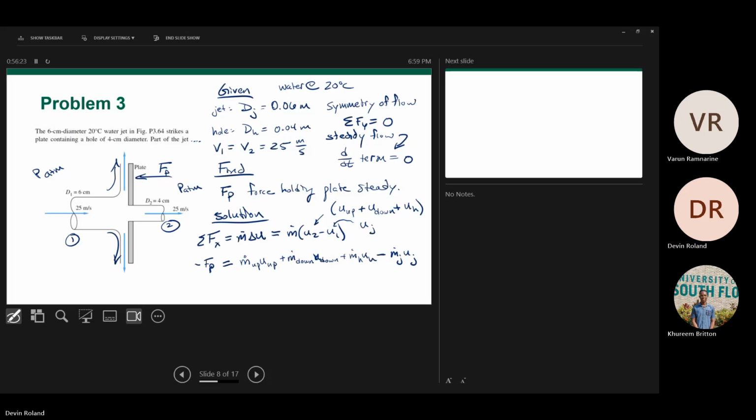I also have to make sure that these are x direction velocities, just to be explicit about that.